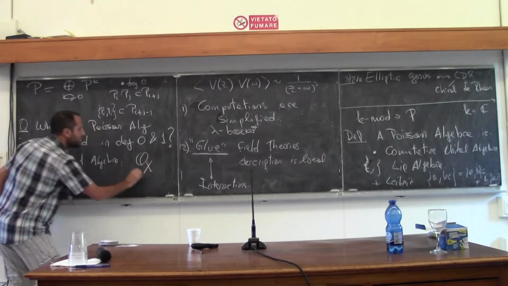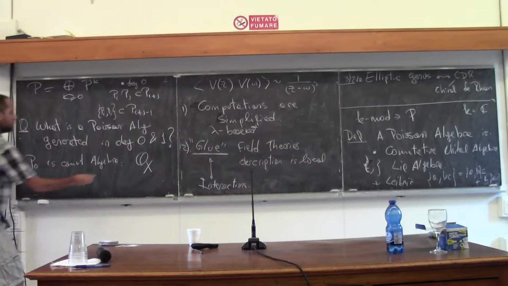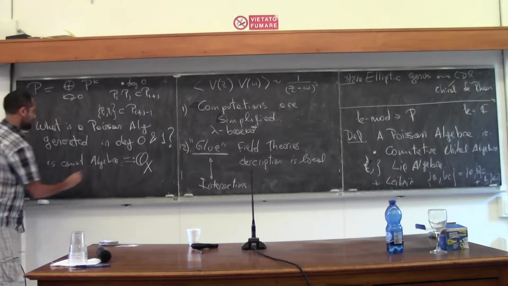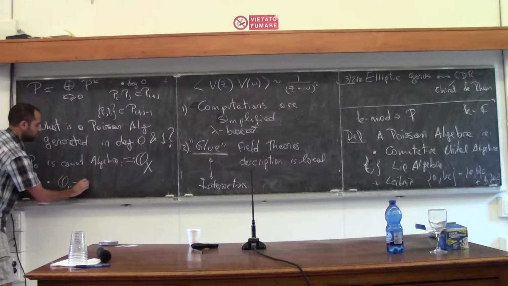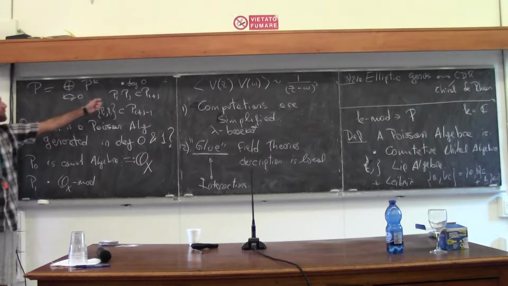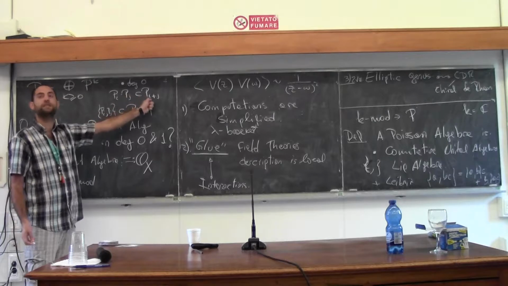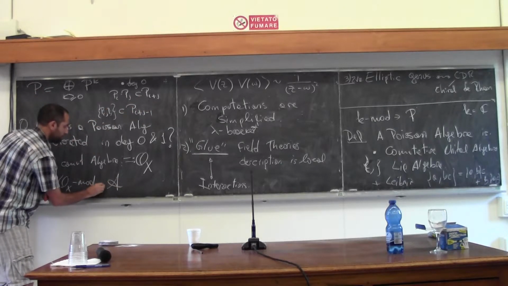Let me denote that algebra this way. So P1, again the multiplication gives it the structure of a module over that commutative algebra. The multiplication was associative, and something in P0 times something in P1 lives inside of P1. So this gives it a module structure. I'll call this module A.